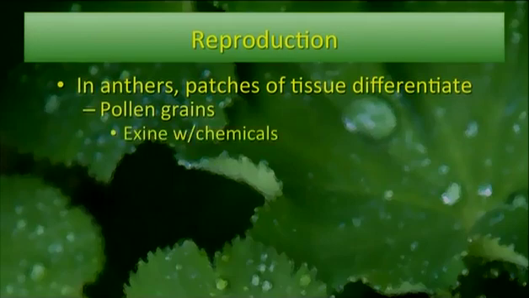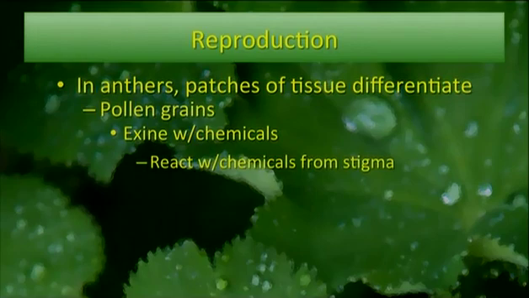And the pollen grain has an outer wall called an exine. Remember that double wall around them? That becomes the exine. The exine part of it has chemicals that react with chemicals that come from the pistil, or the stigmatic part of the pistil, but it has to be the right pollen.